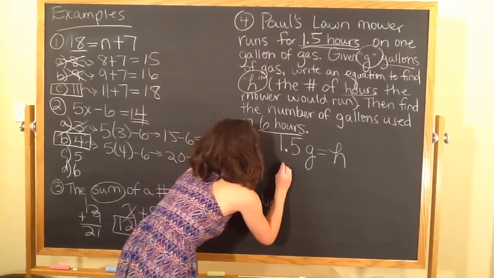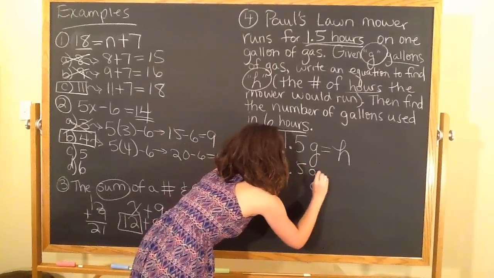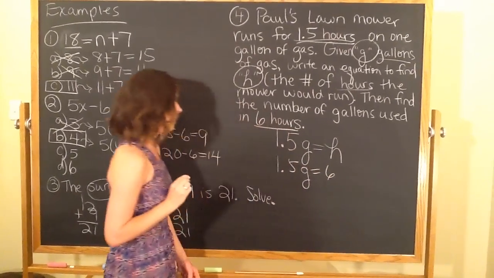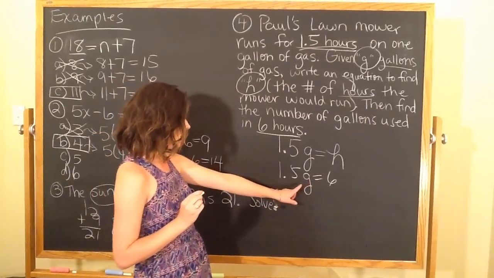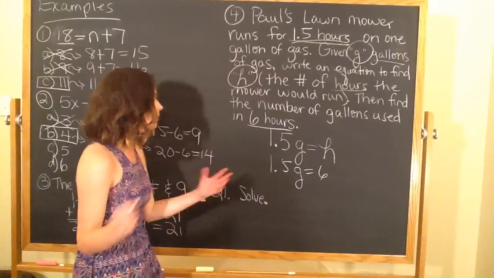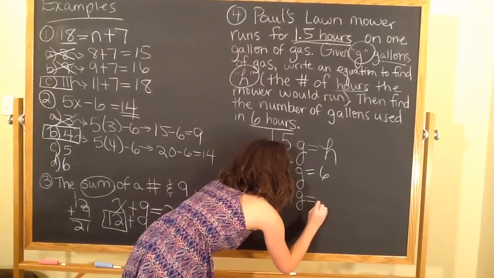So we have 1.5 times G equals 6. Now what times 1.5 is going to give us 6? We're going to guess and plug in answers, and we'll figure out that G is equal to 4.